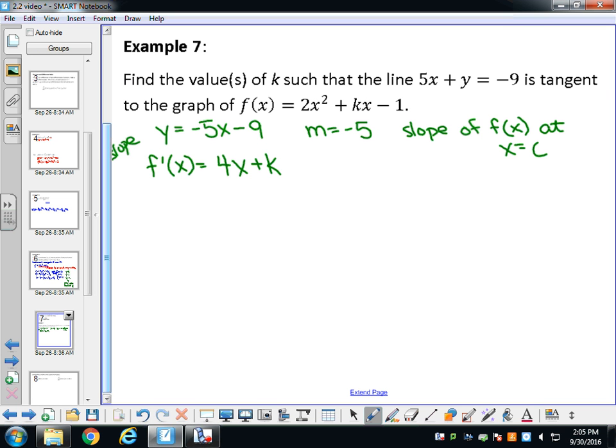Now, at the spot that I'm concerned about, I know that my slope is going to be negative 5. So negative 5 then equals 4x plus k. I'm going to be able to use that a little bit later. So now I know that my k is really negative 5 minus 4x.